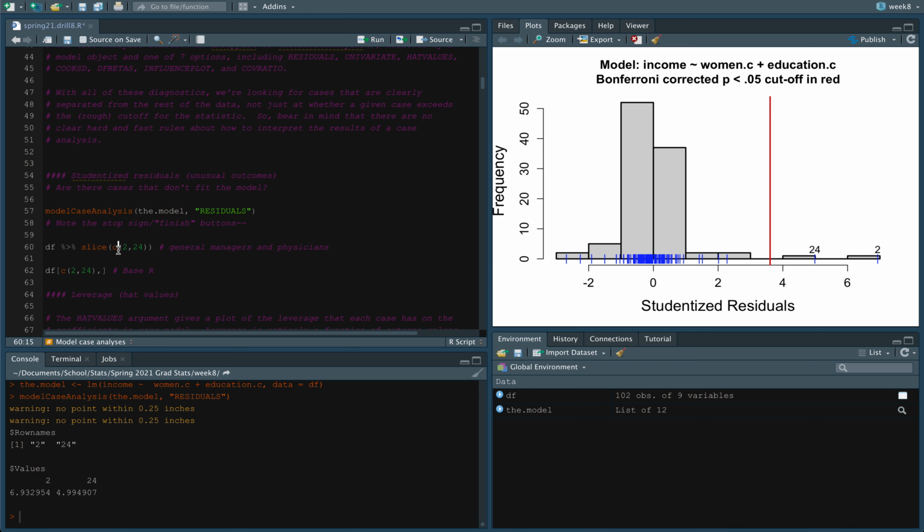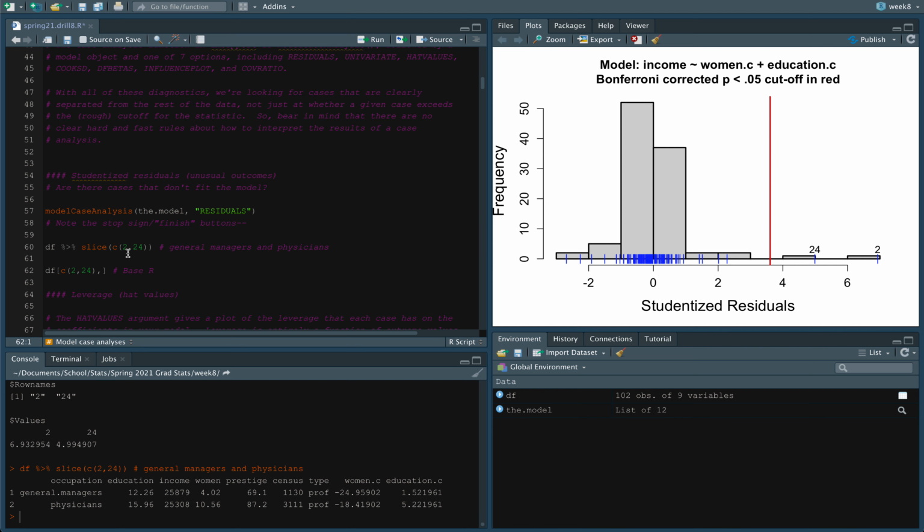If you just tell it slice and then give it c(2, 24), it knows I want to slice this data set and pull out just rows 2 and 24. We can see row 24 is physicians, and row 2 is general manager. So these are the 2 occupations that seem to have significantly outlying studentized residuals.